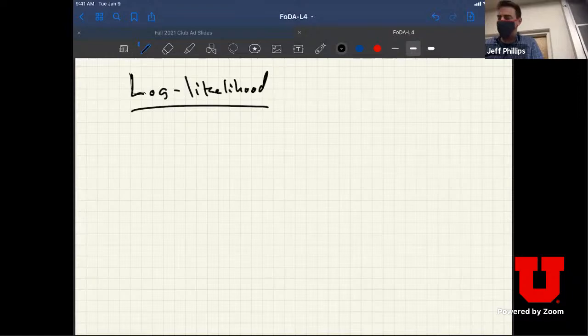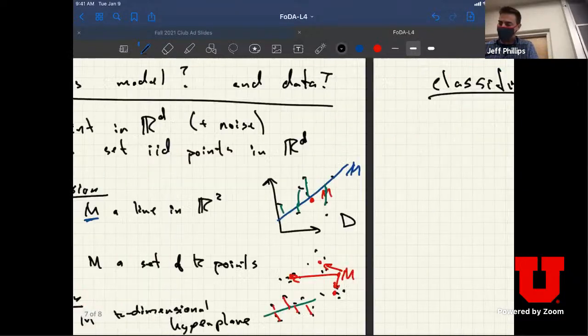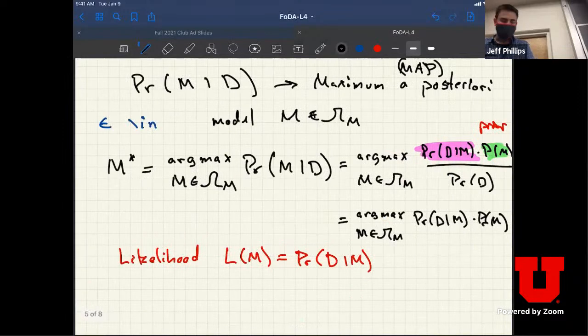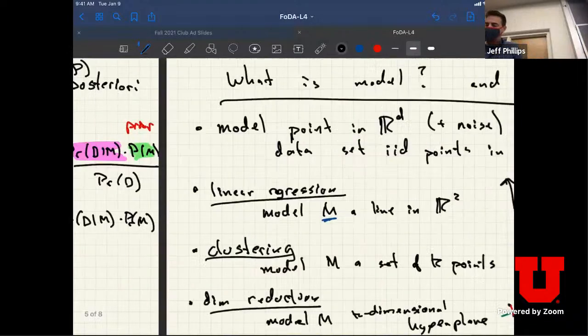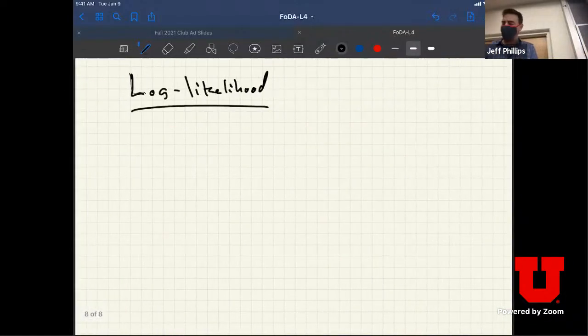So we're going to look at this MAP estimate. Going back here, the MAP estimate was to find the maximum of the model given the data, and we reduced that to the maximum of the data given the model times the probability of the model. We're going to start with the likelihood.